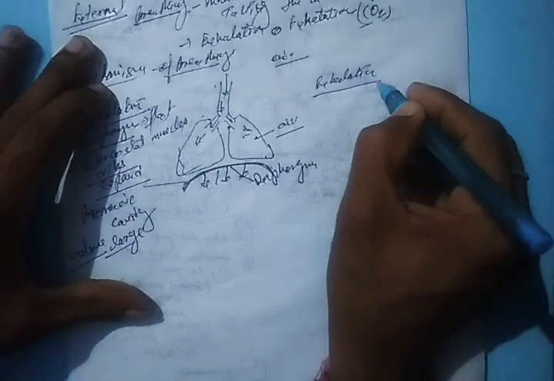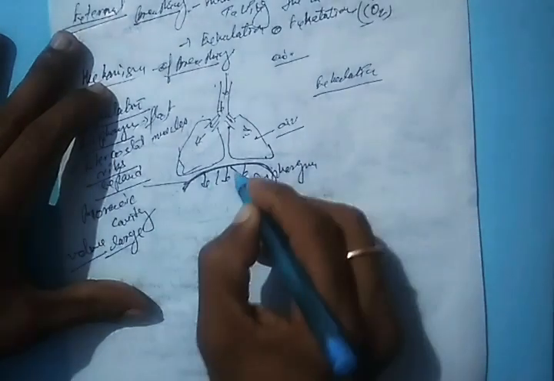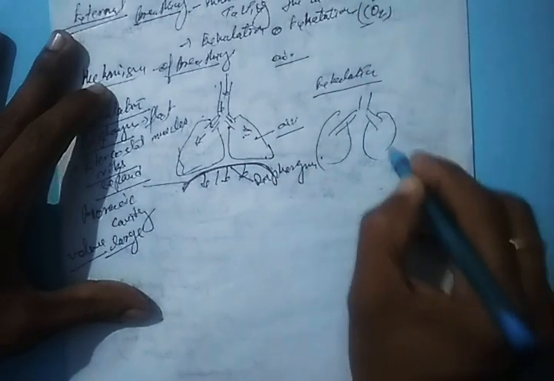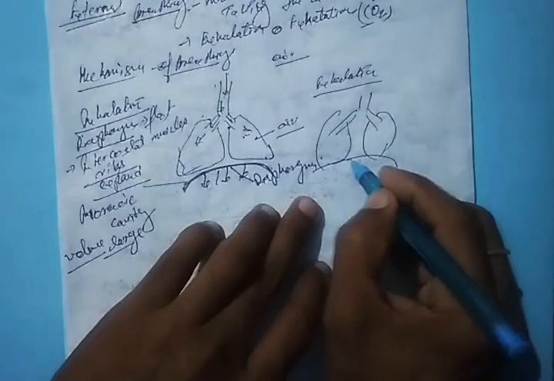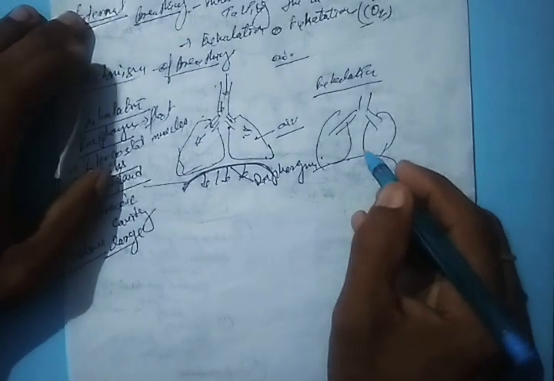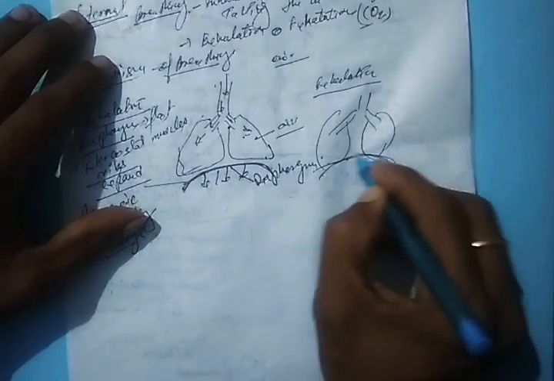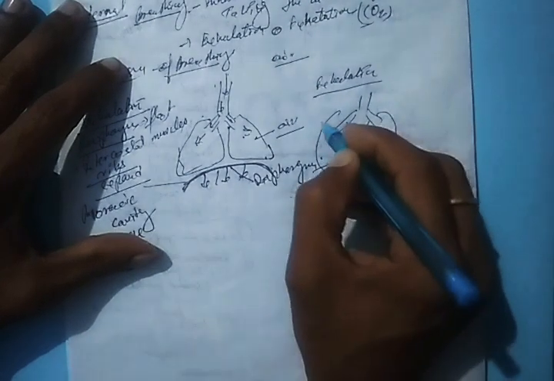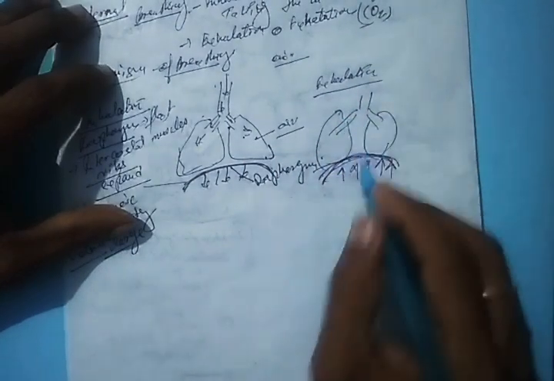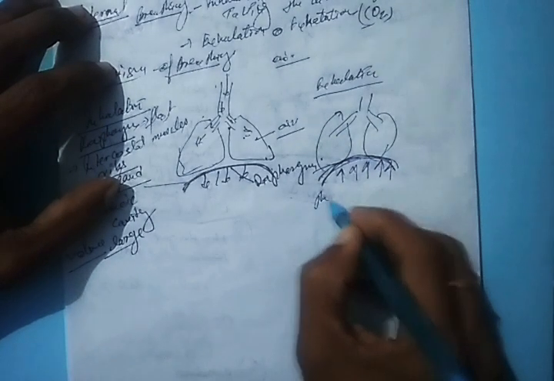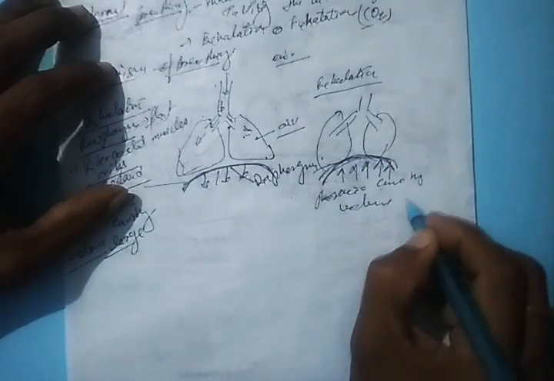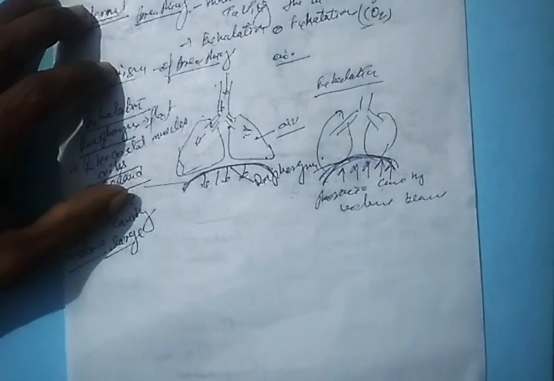How does the exhalation start? Your diaphragm that went into the flat shape again goes into dome shape, means normal shape. And your intercostal muscles again go into normal condition. As a result, thoracic cavity volume becomes small.